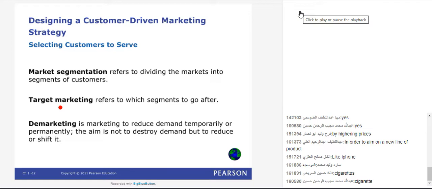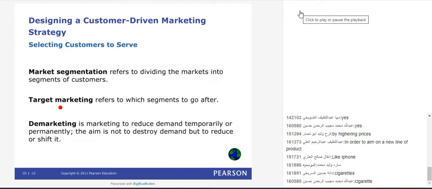Like cigarettes, or for some governmental services like consumption of water, electricity, and gas. So we are demarketing. We are telling people, hey, easy on consumption a little bit.